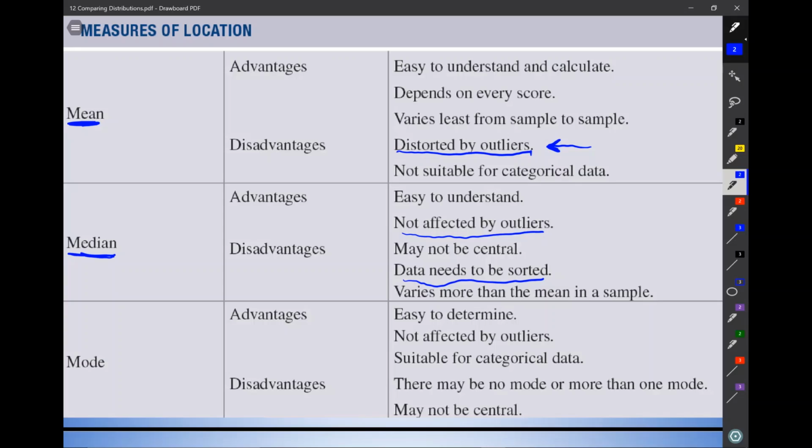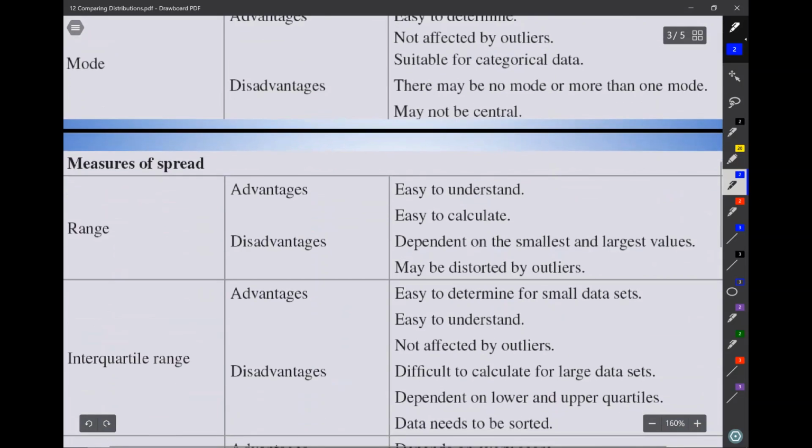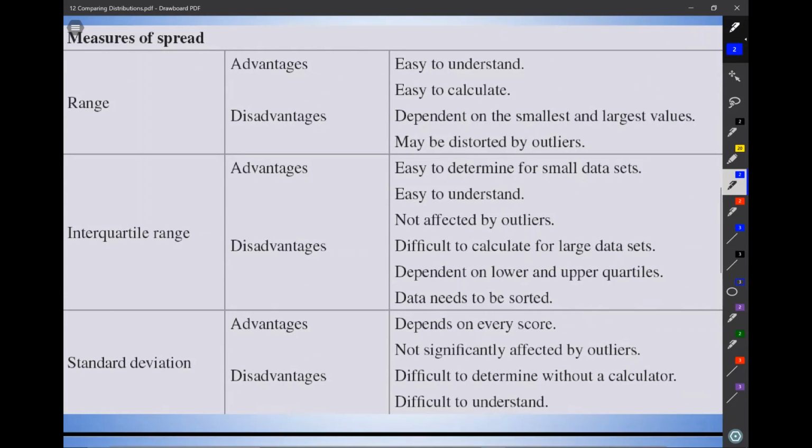But I would like you to get this table copied down in your books with all the advantages and disadvantages of all three. And the other ones we're going to look at are range and interquartile range and standard deviation. We're not going to worry about standard deviation because it's something we've not really looked at in our course.